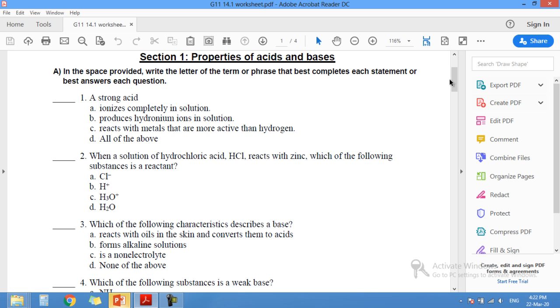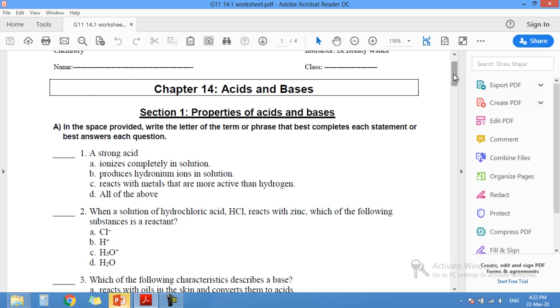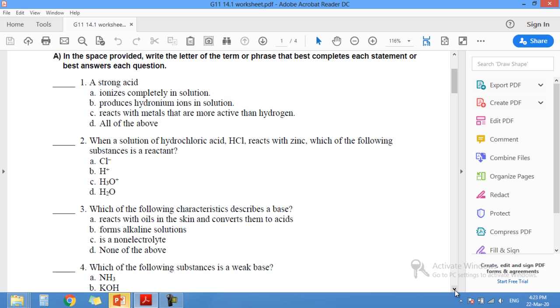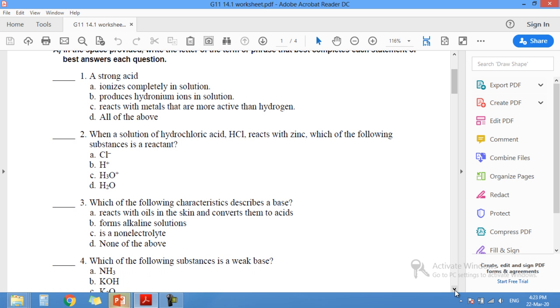This is your worksheet labeled chapter 14, section 1, properties of acids and bases. We will move on to the first page of questions to check that we are understanding well what we have studied. 1.